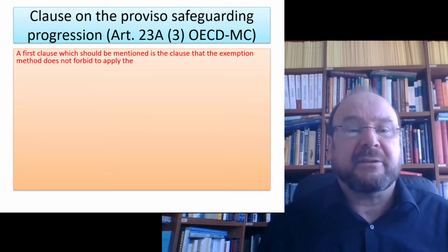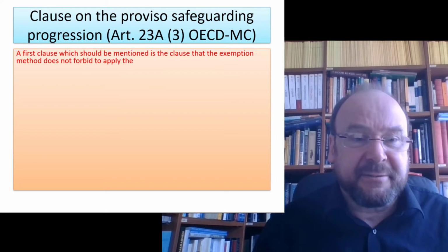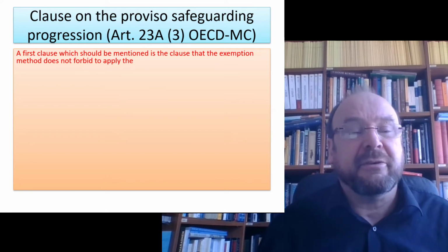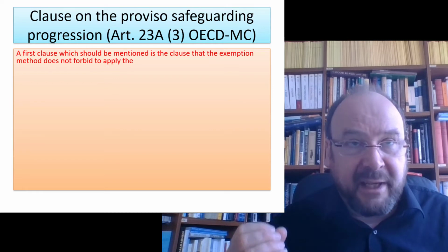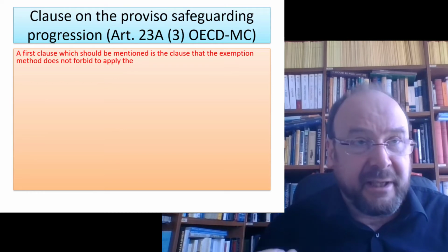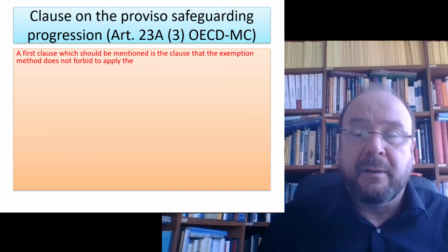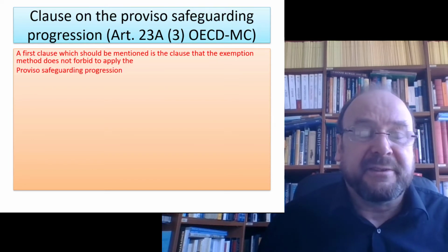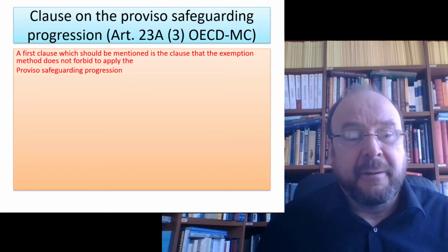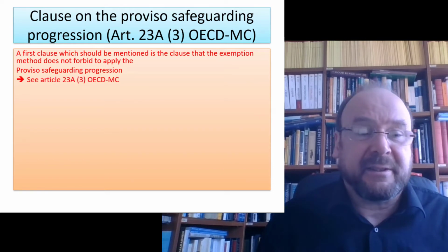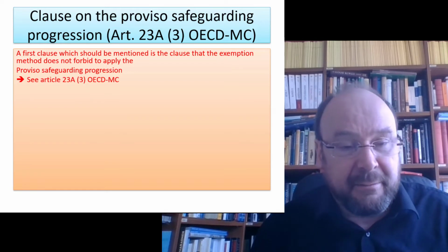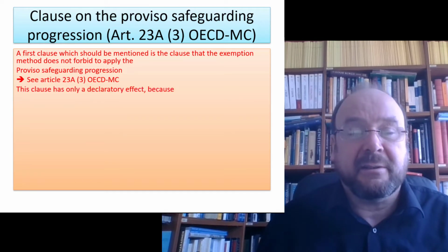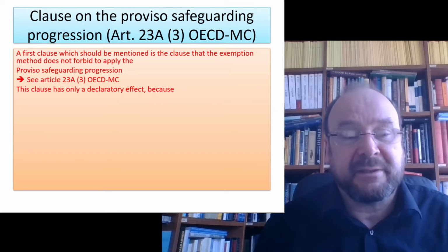That means that although your foreign income is tax-free, you nevertheless have the permission to use or to take it into account for the calculation of the adequate tax rate. So the proviso safeguarding progression, that is explicitly stated in 23A Article 3, can be applied in case of the exemption.